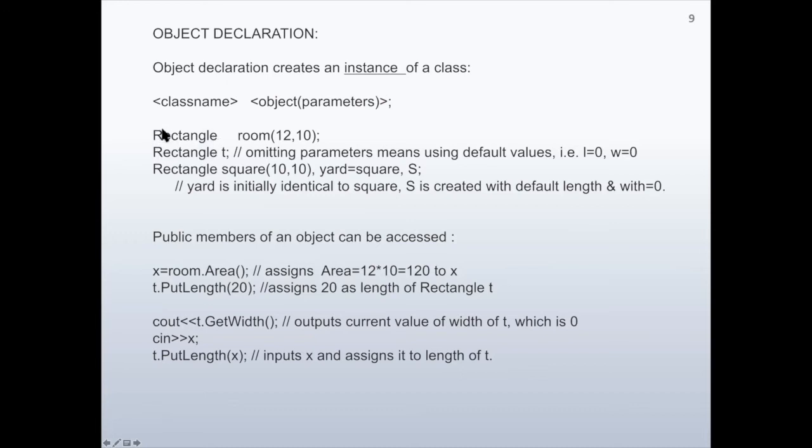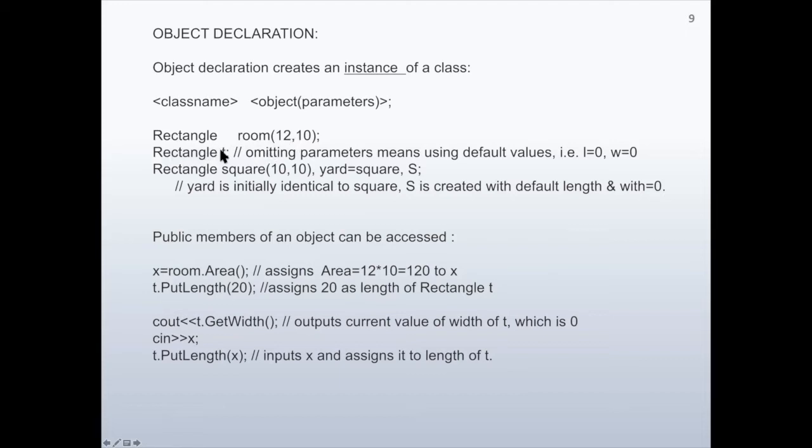For example, here an object whose name is room is declared. So there is a call to the constructor of the rectangle class, and the parameters are 12 and 10. These are the length and width, L and W, provided as the arguments.